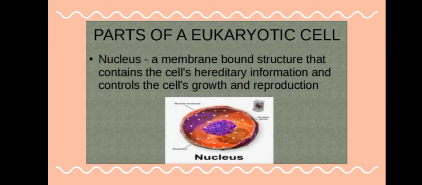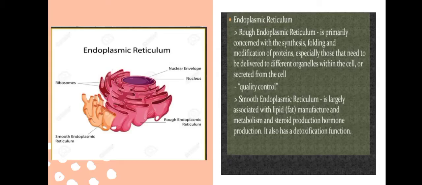Next, here are the parts of a eukaryotic cell. First, here is nucleus, a membrane-bound structure that contains the cell's hereditary information and controls the cell's growth and reproduction. Second, here is endoplasmic reticulum. In endoplasmic reticulum, there is a rough endoplasmic reticulum.